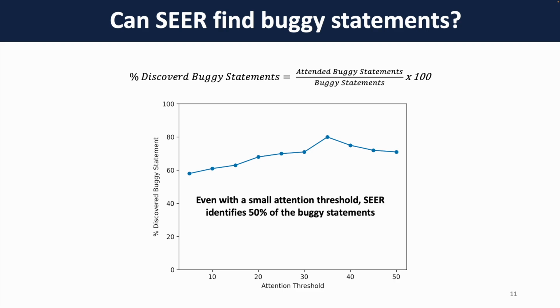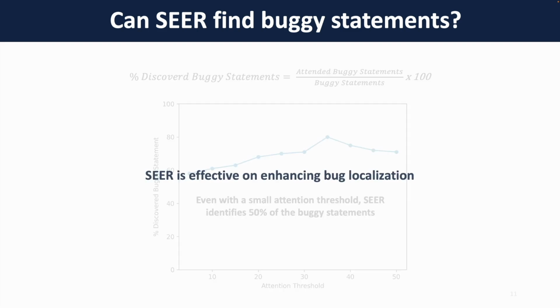The figure shows that even with a small attention threshold of roughly 5%, SEER can attend more than 50% of buggy statements. This indicates that SEER is mostly focusing on buggy statements when making a decision. Moreover, you can also see that as we increase the threshold, the percentage of the attended buggy statements also increases. In a nutshell, we can conclude that SEER is effective at enhancing bug localization.